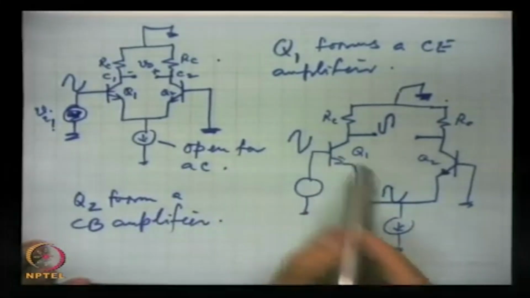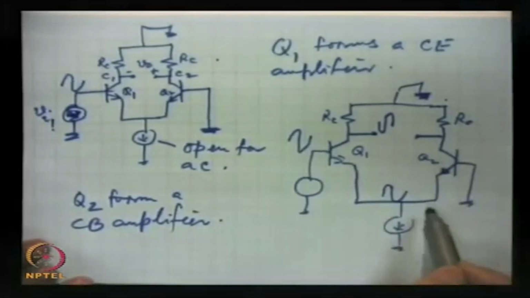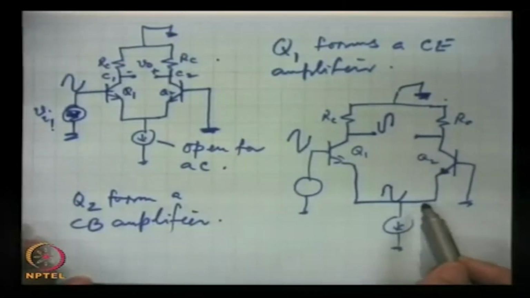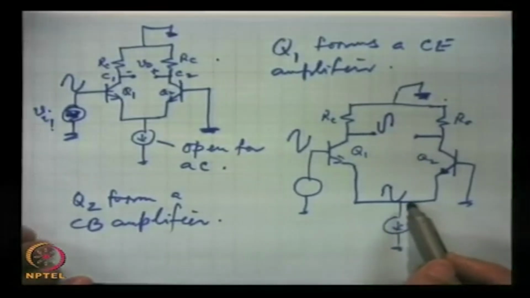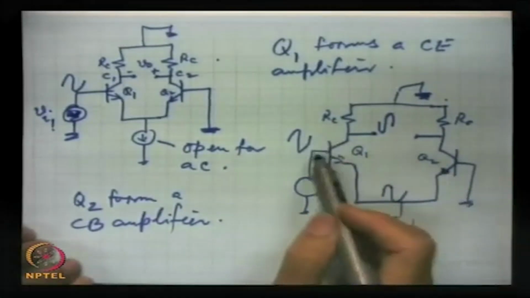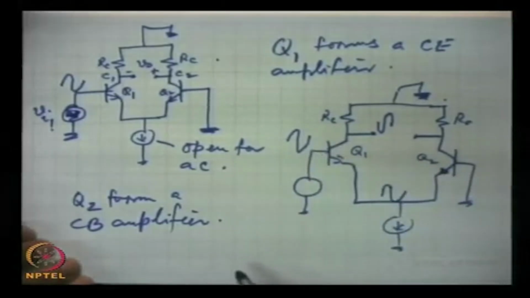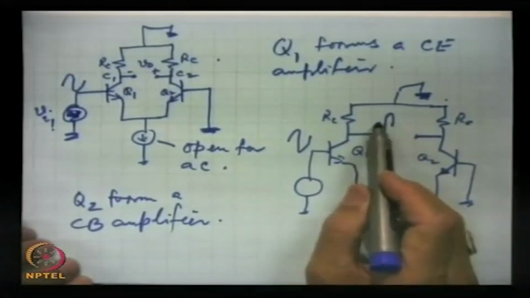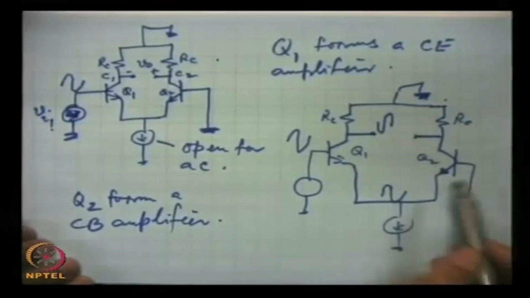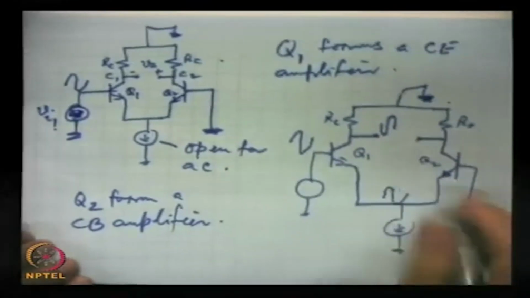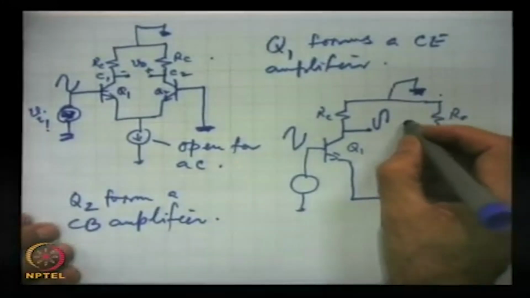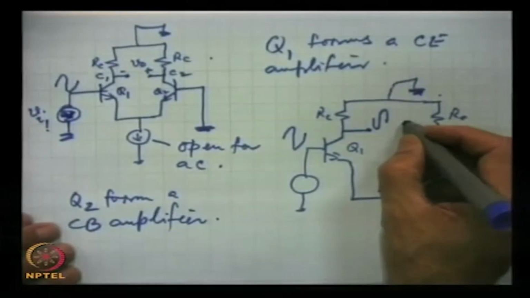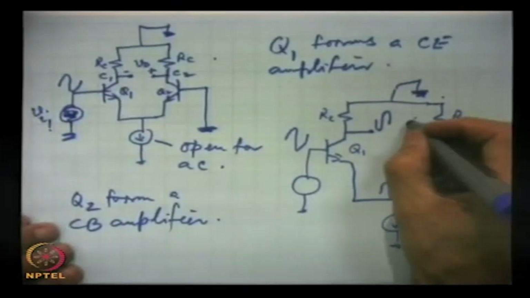Q2 is acting as a common base amplifier, and in a common base amplifier there is no inversion, but amplification. Hence, this signal will be amplified and will appear with this polarity, and hence this will be here.